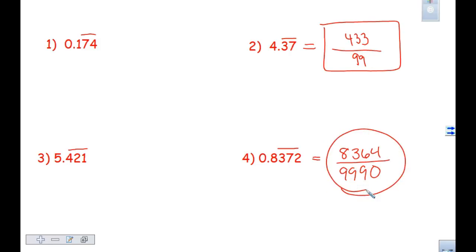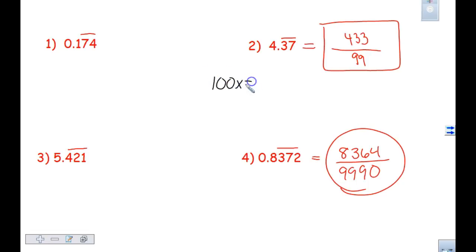Okay. Those were kind of ugly. They were not as quick as the ones before. Yes. Question. What would it be? 433. What did you have? 437. My guess is you didn't line up your decimals when you subtracted them. When I looked at yours, you had 100x equal 437.3737.